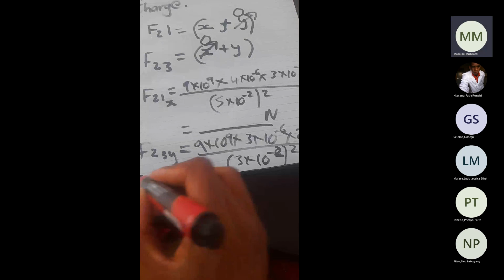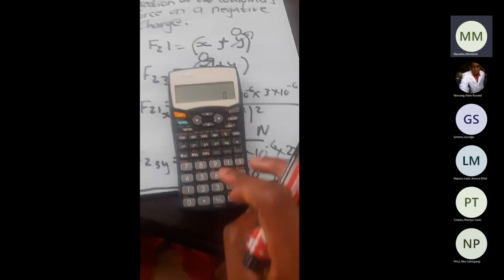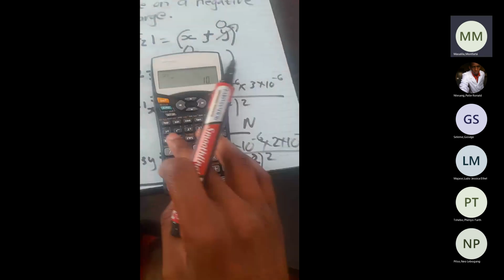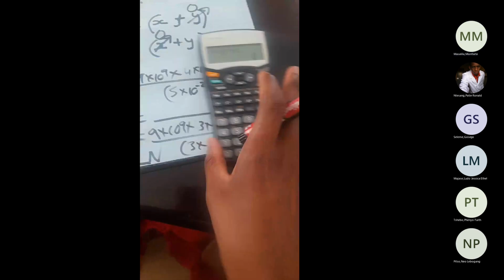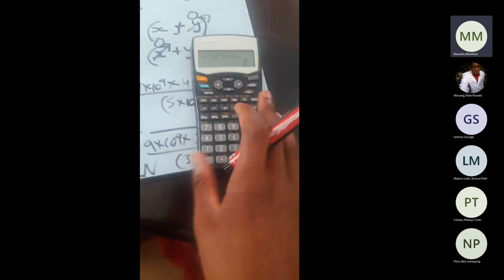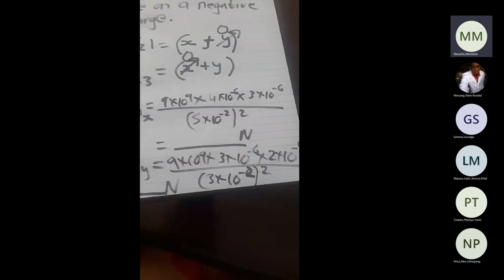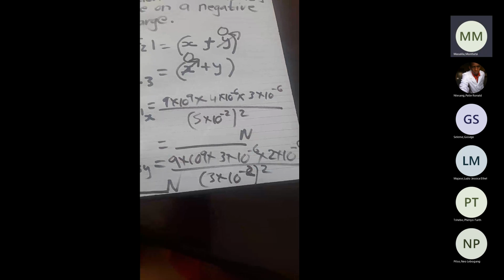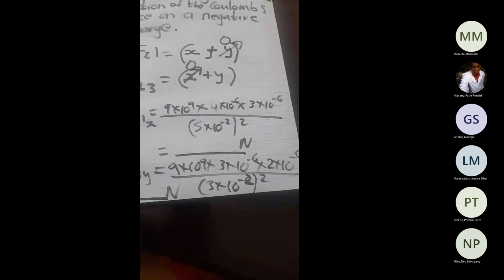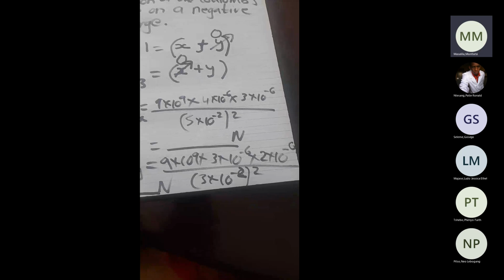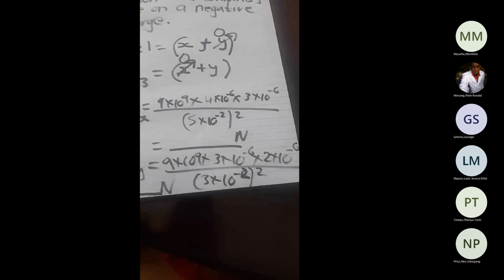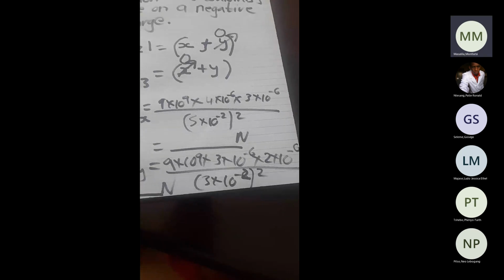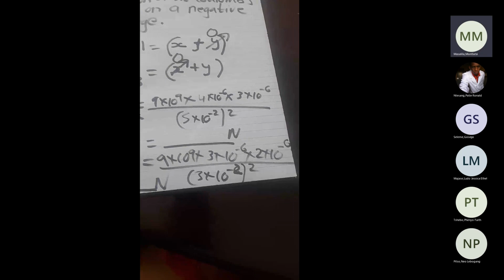So it's going to be 9 times 10 to the power 9 times 4 times 10 to the power negative 6 times 3 times 10 to the power negative 6 divided by brackets of 5 times 10 to the power negative 2, squared.